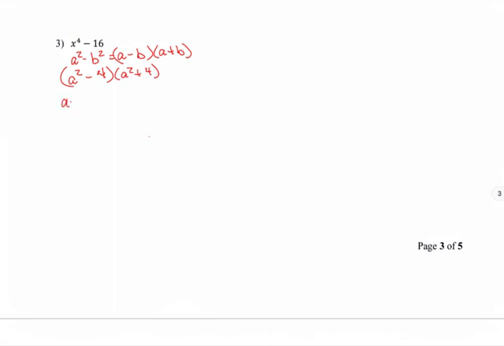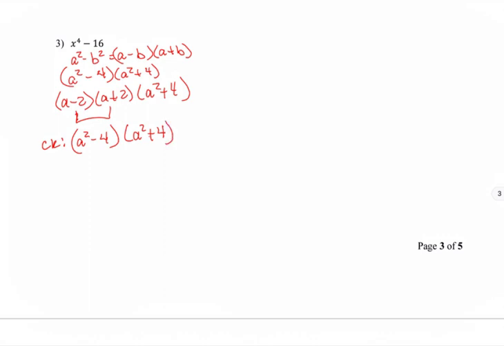So that's a minus 2 times a plus 2 times a squared plus 4. Now to check this, I know that these two, when I multiply them together, I'm going to get a squared minus 4 times a squared plus 4. Yikes, miscopied. So then when I multiply these two together, I know I'm going to get a to the 4th minus 16. Okay, so it all checks out.